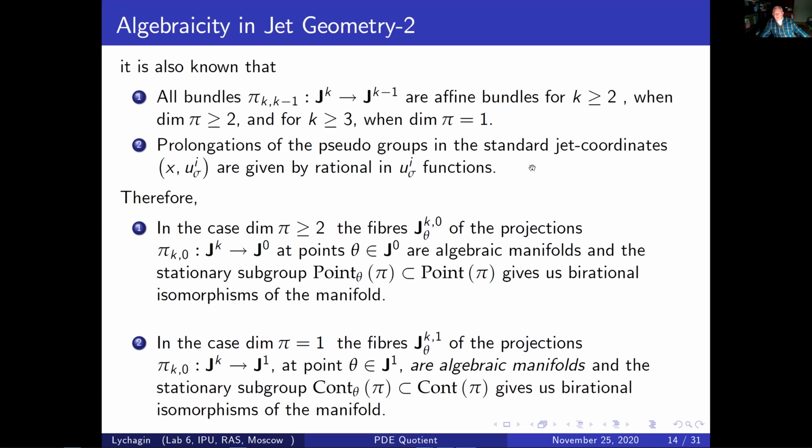So the fibers of projections from k-jets to 0-jets, in the case of point transformations, are algebraic manifolds, and the same holds for projections from k-jets to 1-jets with respect to contact transformations. If you make contact transformations, they will be birational transformations on the fibers.